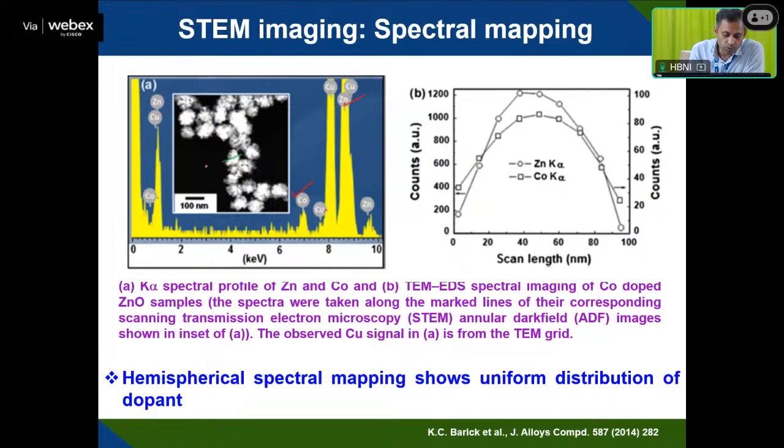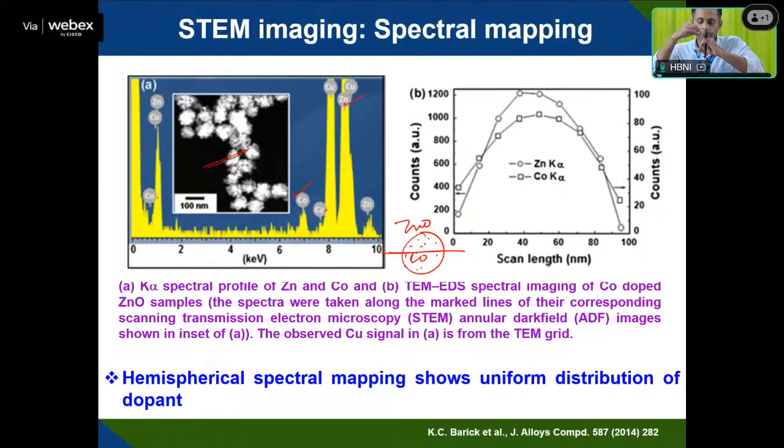Then you can do a line scan across the sample. For example, I am doping cobalt on this zinc oxide matrix. If my cobalt is uniformly distributed in the structure, from one side to the other, as the electron beam goes across, this is a thick area and spherical on the top surface.